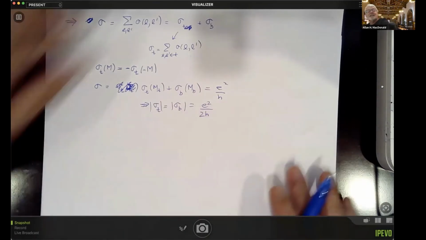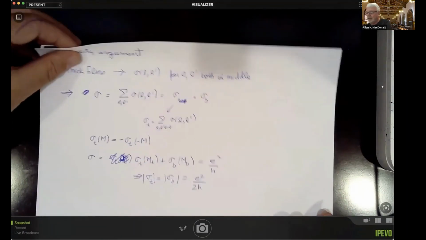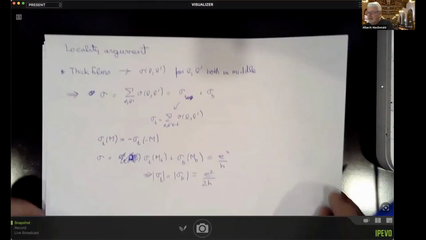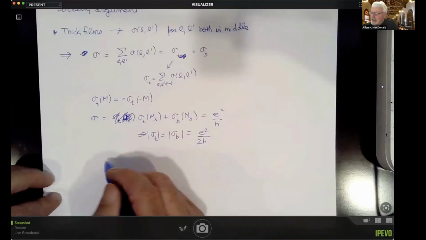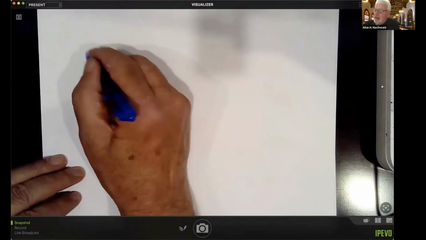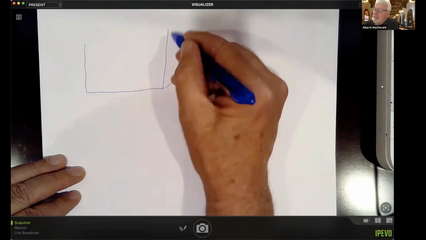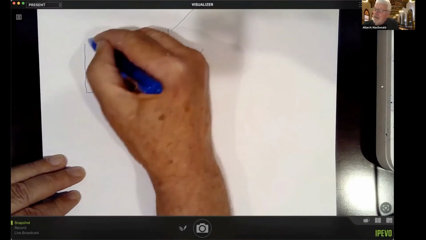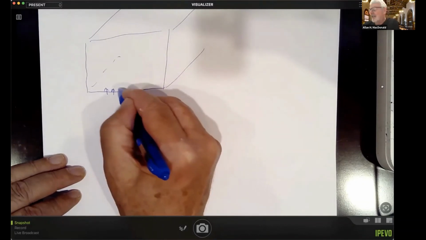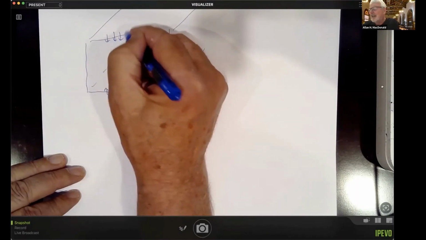So what does this mean? Let's imagine I have, I'm going to go to a different page, a thin film with, let's say, magnetizations on the surface, directed oppositely.